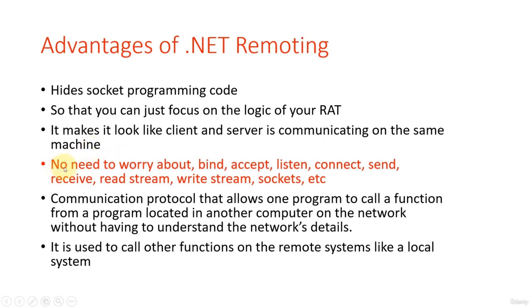And the important thing is you need not worry about binding, accepting, listening, connecting, sending, receiving, reading streams, writing streams, sockets, and so on and so forth. .NET remoting is a communication protocol that allows one program to call a function from a program located in another computer on a network without having to understand the network's details. It is used to call functions on remote systems like a local system. So these are the powerful advantages of .NET remoting, which will simplify your RAT development tremendously.